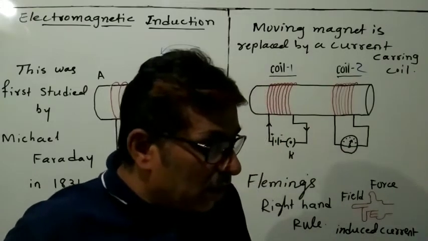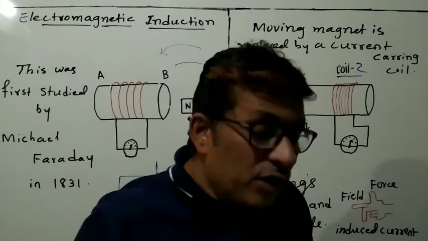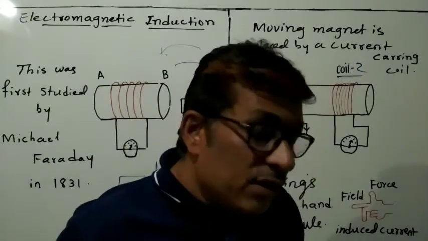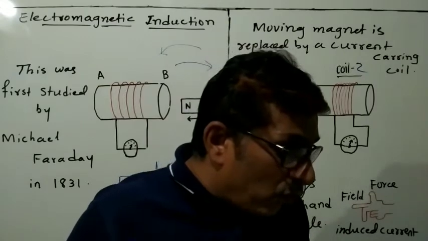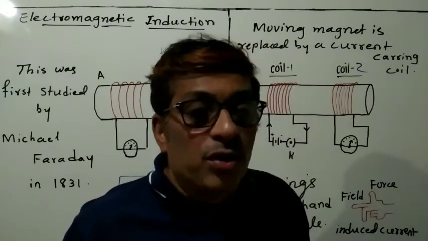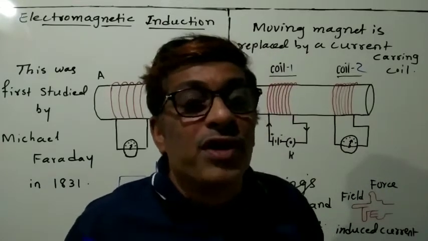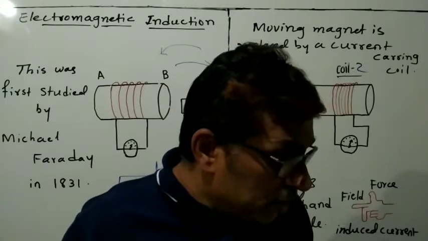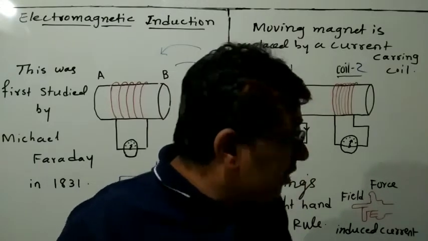It means that now the current flows in the opposite direction in the second coil. So from this activity, from these observations, we conclude that a potential difference is induced, or produced, in the second coil whenever the electric current through coil 1 is changing.